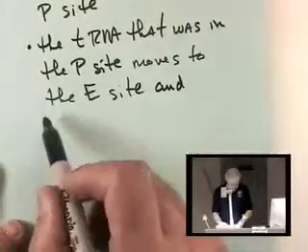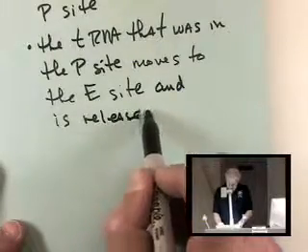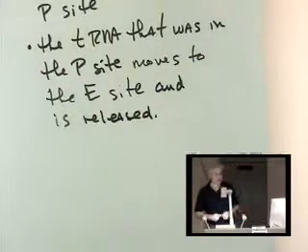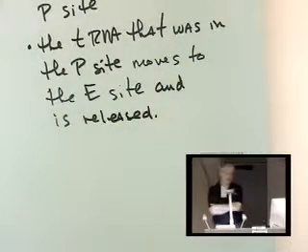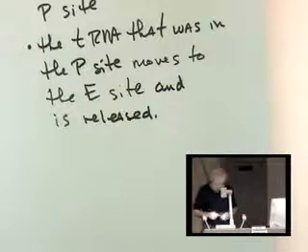And from the E site, it is released. So a new one's got to stick to the A site. The one that got there just before it is in the P site, holding the growing polypeptide strand. And the one that was just before that one is in the E site and being released. So it's APE.